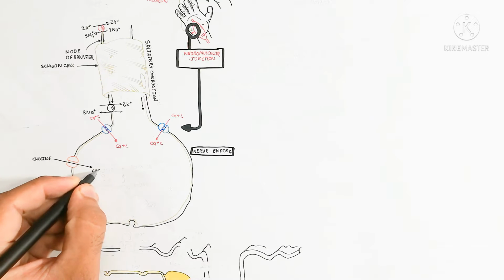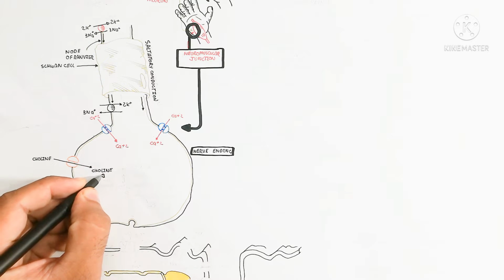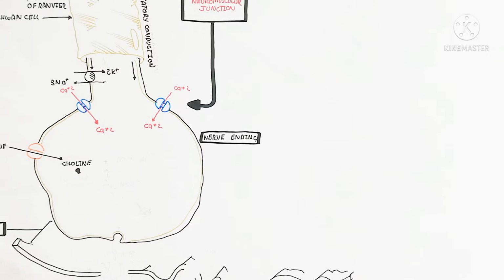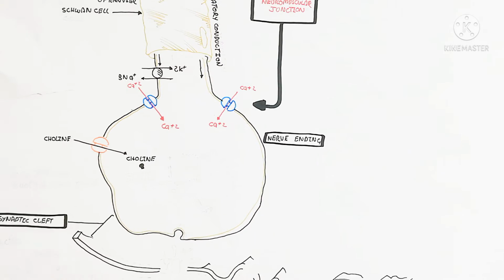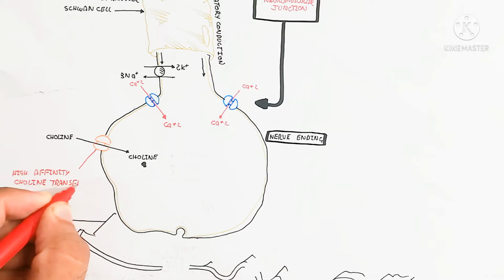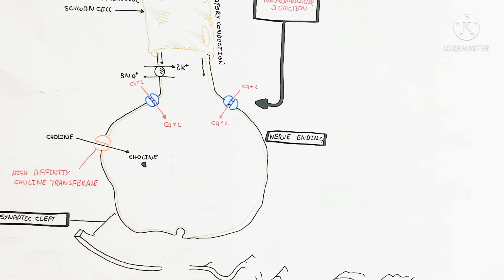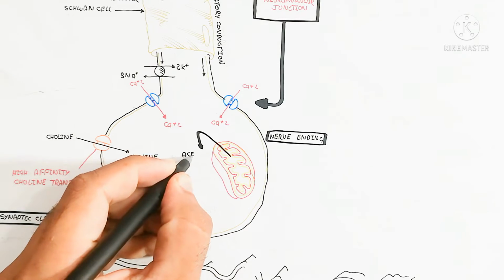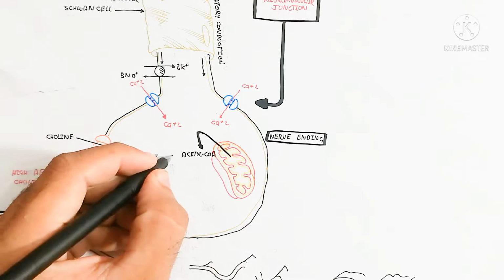Here we will understand that a little amount of choline will move inside through a high affinity choline transferase channel. The channel is enzyme-like, and choline moves inside because there is a lot of mitochondria near the knob of the nerve ending.